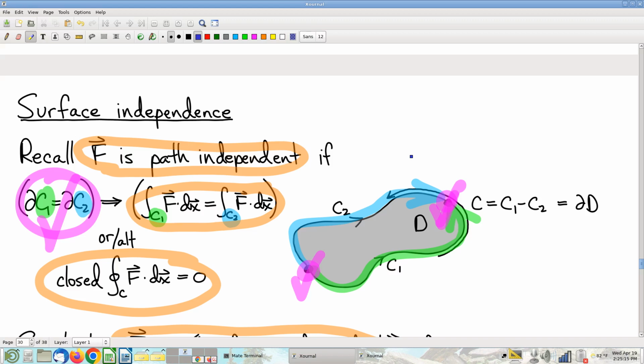So again, kind of the same, kind of opposite, depending on your point of view. Don't get bogged down in accidentally conflating those different points of view. You want to think carefully about whether you're interested in their shared boundary or in how they participate as part of the boundary of something else.